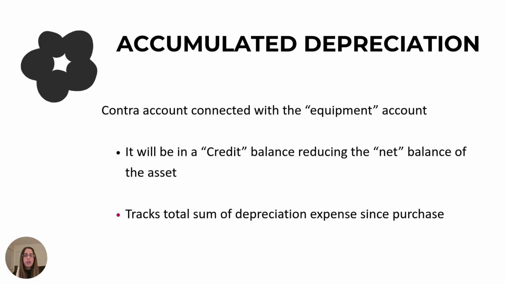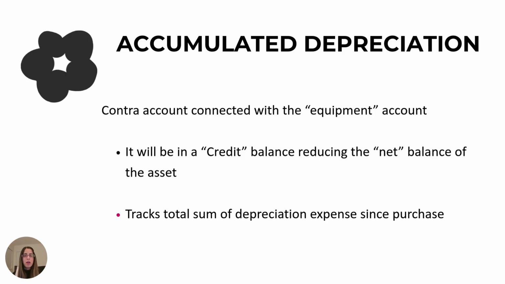So accumulated depreciation is actually a contra account. What contra means is normally we have the equipment account, which is in a debit balance. This account will be in a credit balance and is connected to the equipment account. Therefore, it will reduce the net balance of the asset.